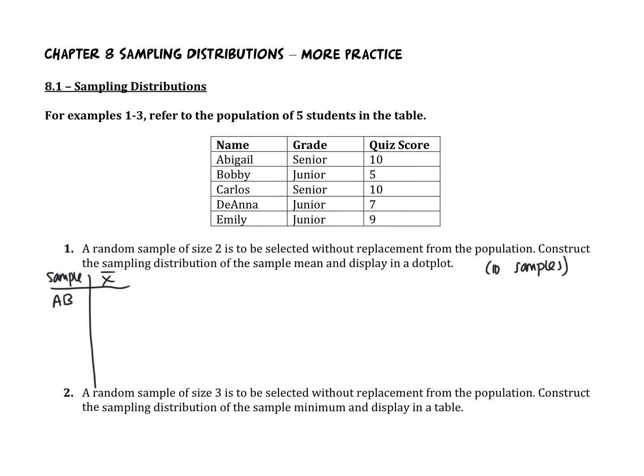If their quiz scores then are 10 and 5, the X bar for that sample would be 7.5. So I chose these 2 students, averaged out their quiz scores. So you're going to do that for the other 9 samples, and then display them in a dot plot. When you are done with that, you are going to take a look at number 3, which is going to be a similar idea but a different statistic.